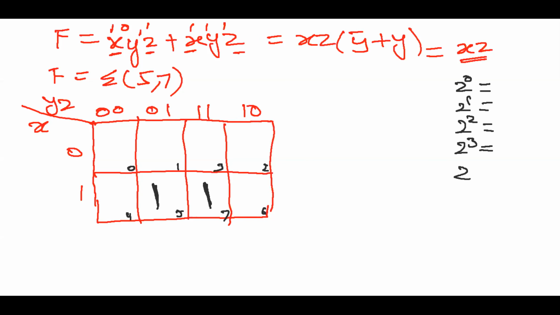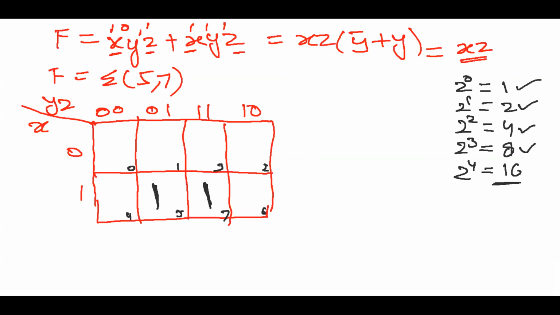The powers of 2 are 1, 2, 4, 8, 16. You can make a group of 16 ones, 8 ones, 4 ones, 2 ones, and 1. You cannot make a group of 3 ones, 5 ones, 7 ones, or 6 ones, not allowed at all.